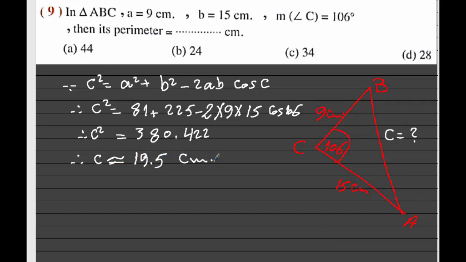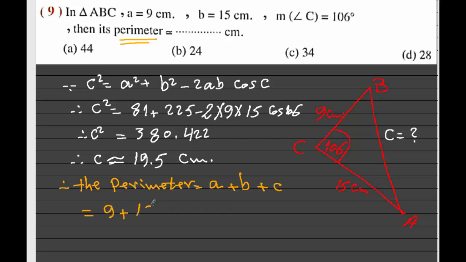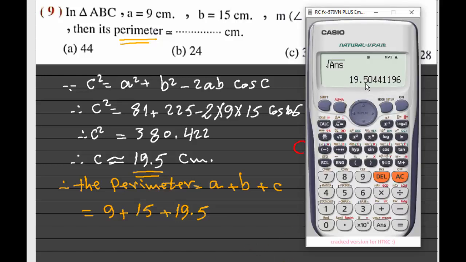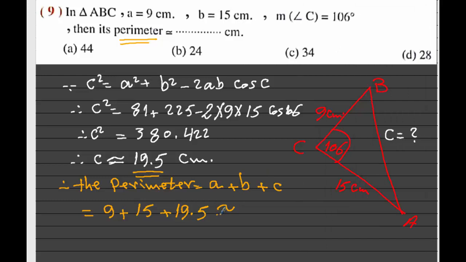19.5 centimeters. Of course it is not the required, because the required here is to find the perimeter of this triangle, and the perimeter equals the sum of its side lengths, A plus B plus C, which equals A equals 9, it's from the given, plus B equals 15, plus C, we deduced it 19.5, and again to calculator, 19.5 plus 9 plus 15, the result equals 43.5 approximately 44 centimeters.